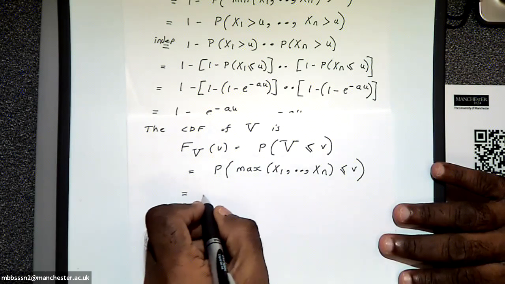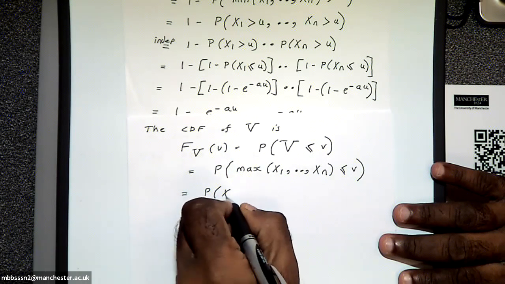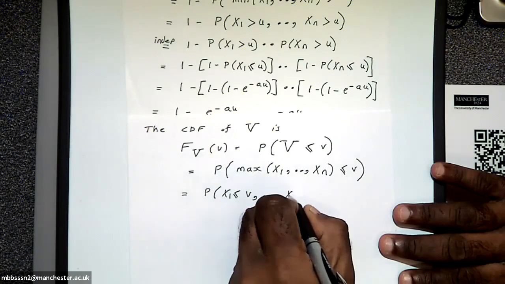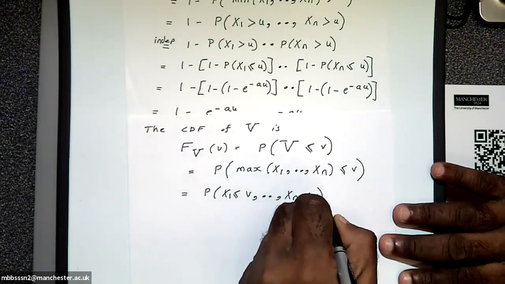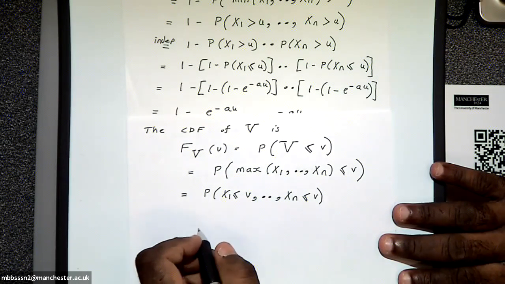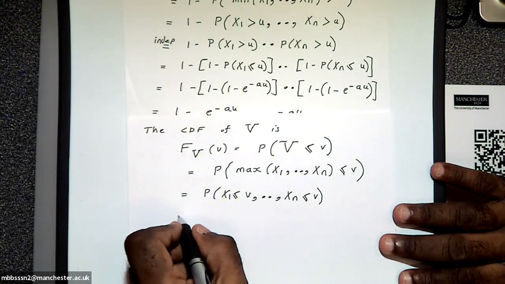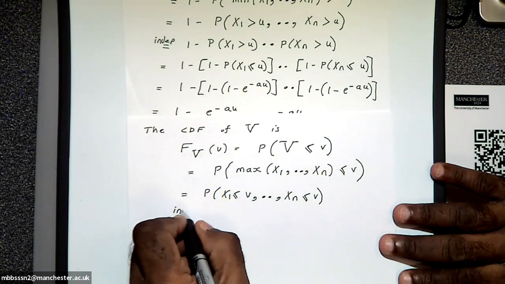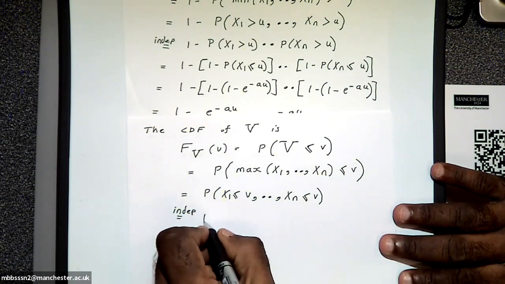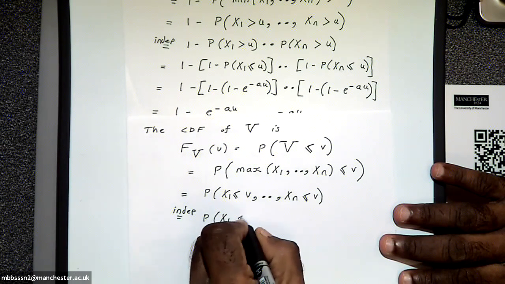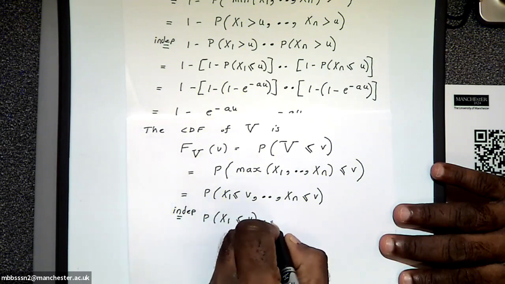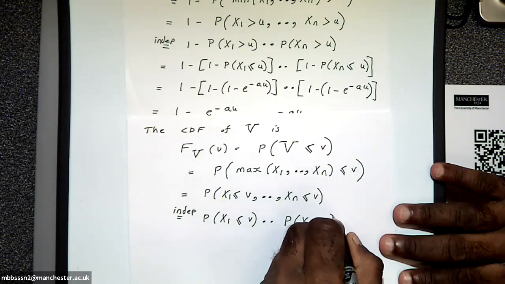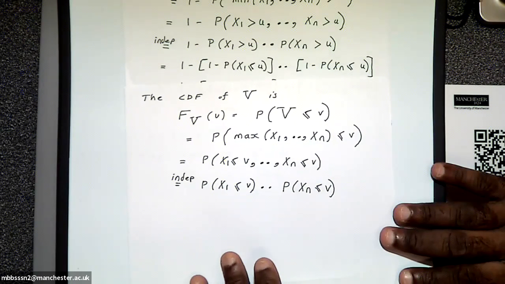So in the next step, I'm going to say this is the probability that all of them are less than or equal to v. Now I'm going to use the fact of independence.